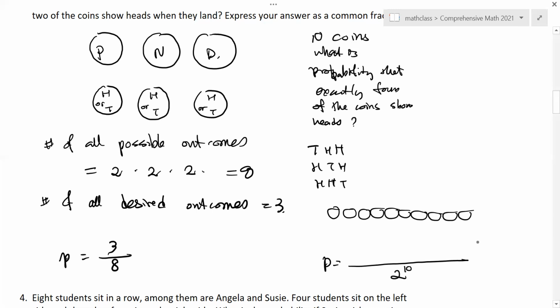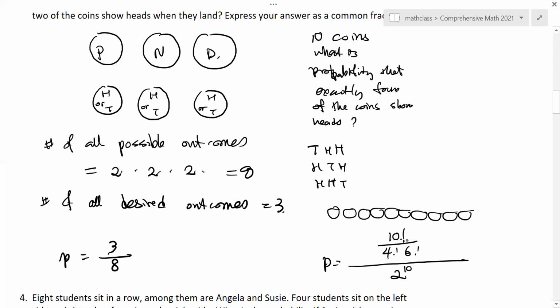This is equivalent to counting how many committees can be formed if it consists of 4 students selected from a group of 10. So that will be 10 factorial over 4 factorial times 10 minus 4, which is 6 factorial. So that will be the answer.